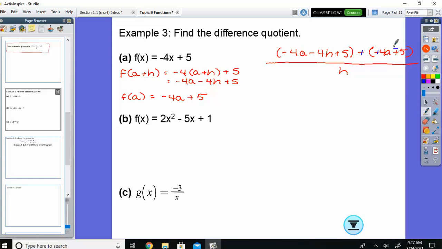What happens to negative 4a and positive 4a? Positive 5 and negative 5? Cancel. So we have negative 4h divided by h, which is negative 4. Final answer. And that will be the way on most of these that we have. They're going to have a lot of things that cancel out, and our answer will get prettier as we go on.